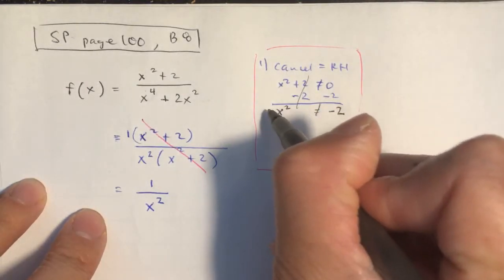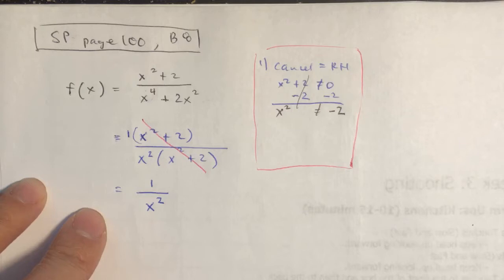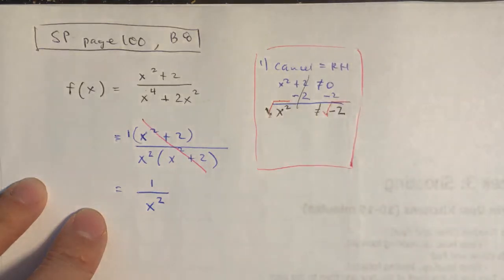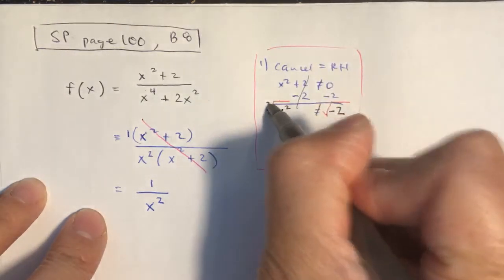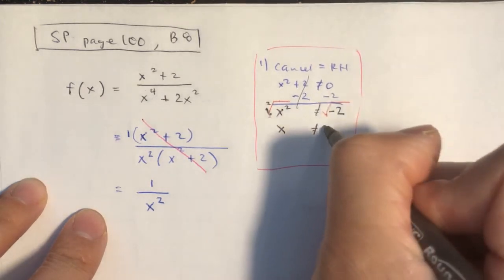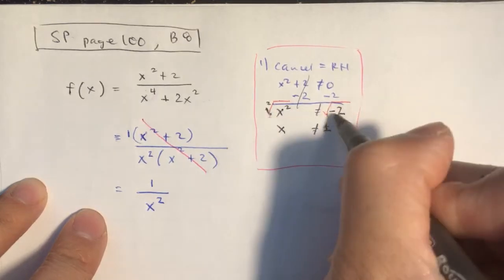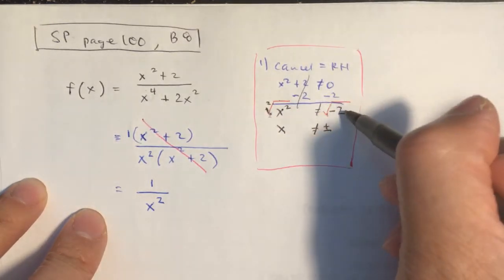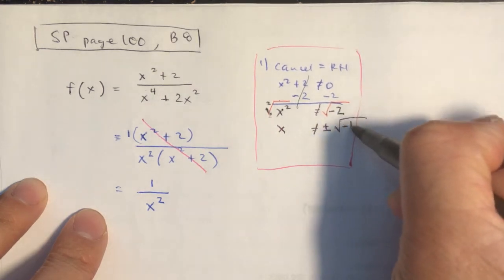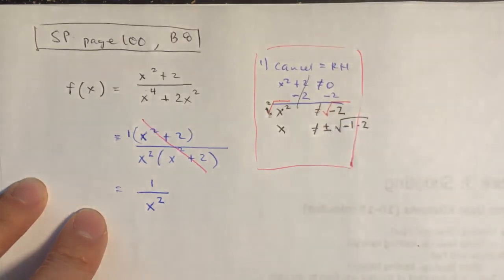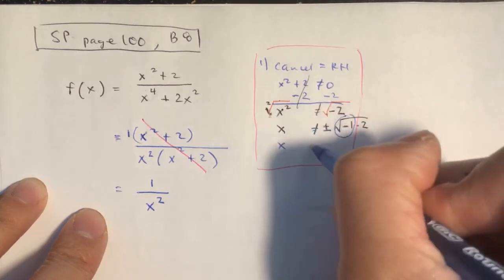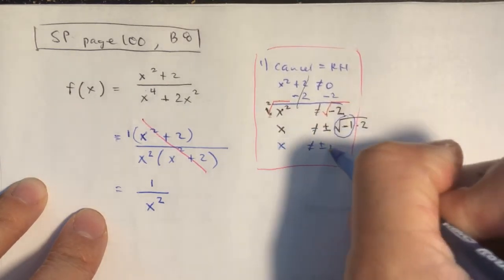If I take the square root of both sides, remember, you're left with x is not equal to plus or minus. Anytime you take the square root of an equation, it becomes plus or minus. Then I'm going to write out the factors of negative 2: negative 1 times 2. And we've been learning this past year that the square root of negative 1 equals i. So your answer is x is not equal to plus or minus i radical 2.